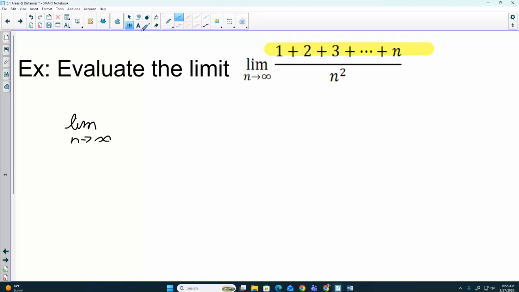Could I write that as a sum? Okay, that's the sum as I'm adding up from 1 to n, and I'm just adding up what? n, or I'm using i as my number. So it's just i.